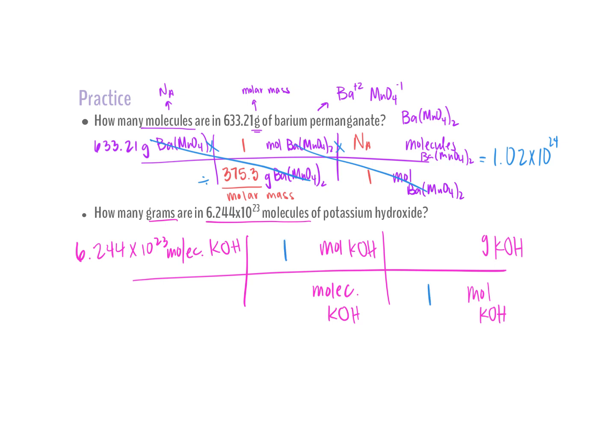I know moles gets the 1. I know molecules always gets Avogadro's number. And in the chart with grams always goes molar mass. I had around 56 for my molar mass for KOH.